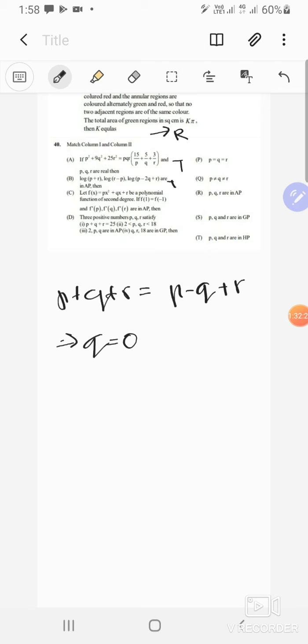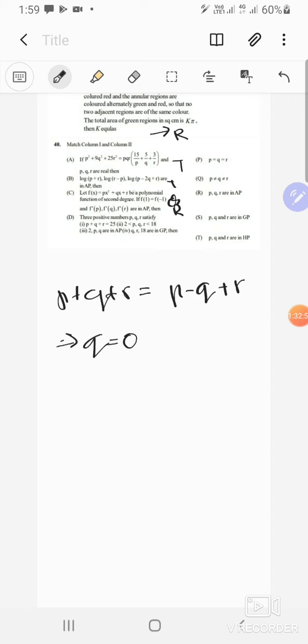Oh no, then it would not be a polynomial of second degree, but we want a polynomial of second degree, which means that p cannot be 0, which means that these are all distinct. Okay, that's nice. So p is not equal to q is not equal to r, and p, q, r are in AP, no problem.